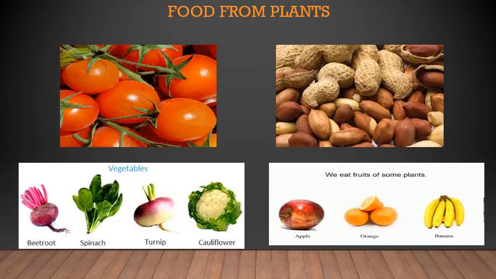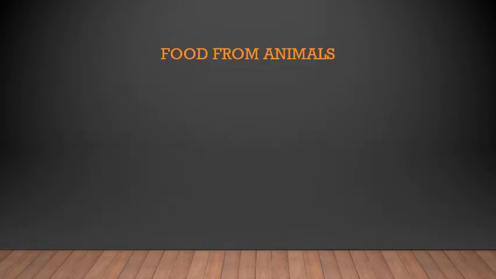You also know so many examples which are not mentioned here on the screen, like onions, green chilies, coriander. All these things, mainly our main source of energy is completely dependent on the food that is produced by the plants.